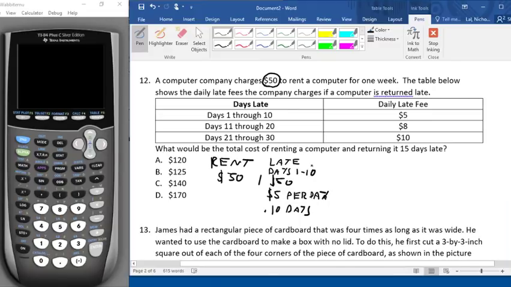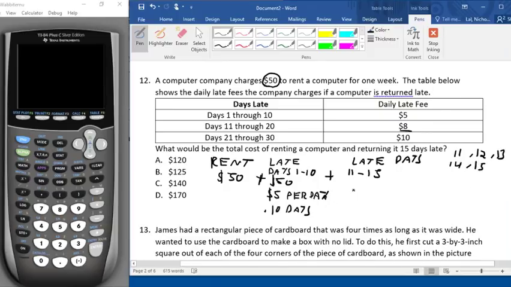And then days 11 through 20, the daily late fee is $8. So now you're going to have late for days 11 through 15. So you're going to have day 11, 12, 13, 14, and 15. So that's another 5 days.